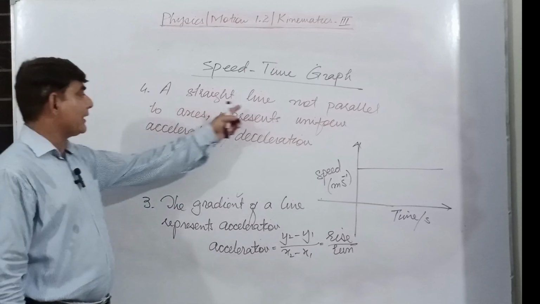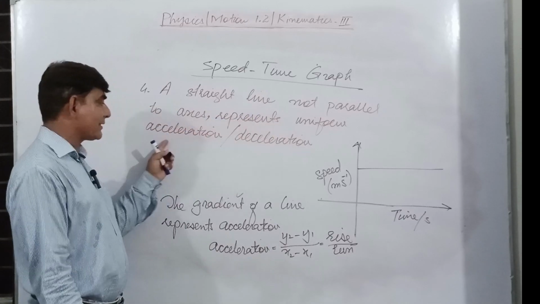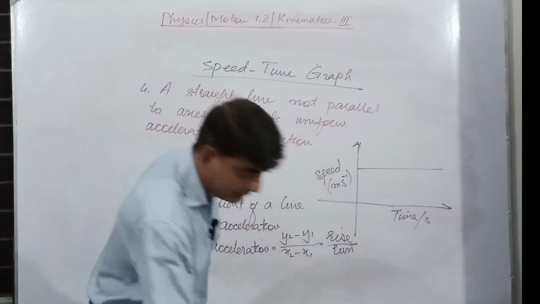So a straight line not parallel to the axis represents uniform acceleration or deceleration. How? Listen.